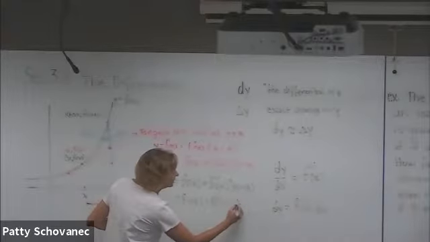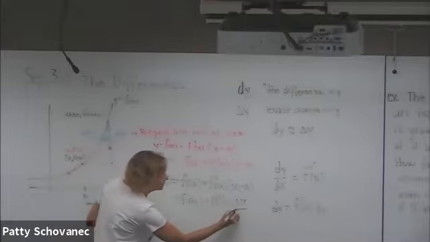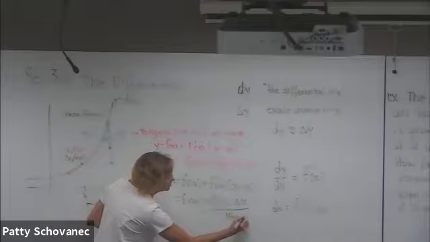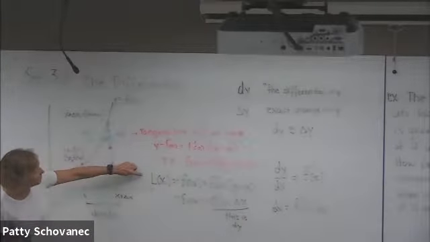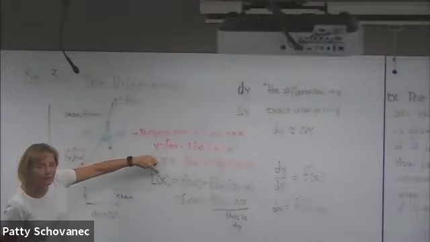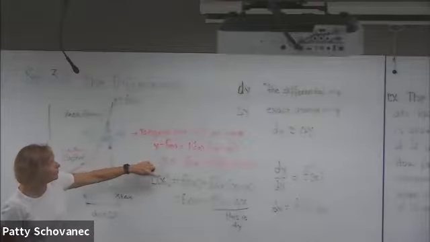And so when I write it like that, there's our differential in y. Our linear approximation to a point on the graph of f is roughly equal to the value of the tangent line at that particular point.